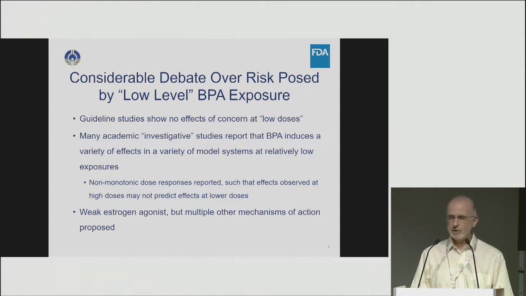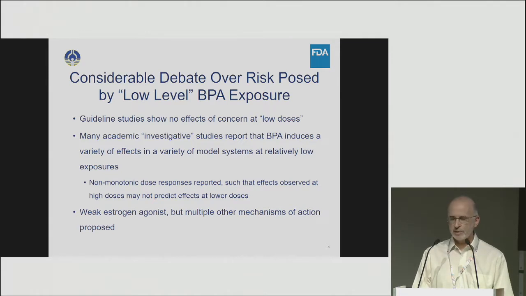But there are many studies out there which report that BPA induces a variety of effects in a variety of model systems at relatively low exposures. And these effects are often reported to occur so that the high dose effects do not predict those that are seen at low doses.